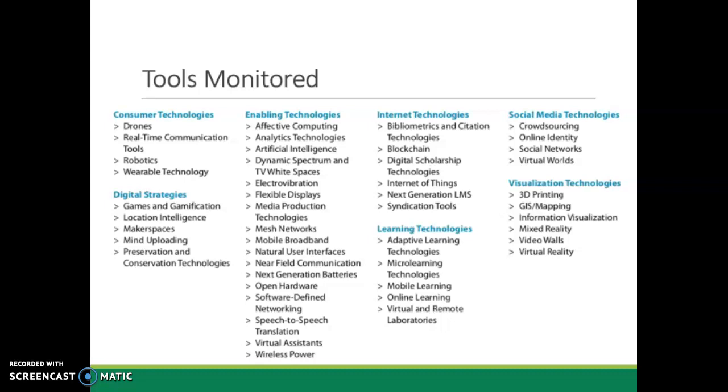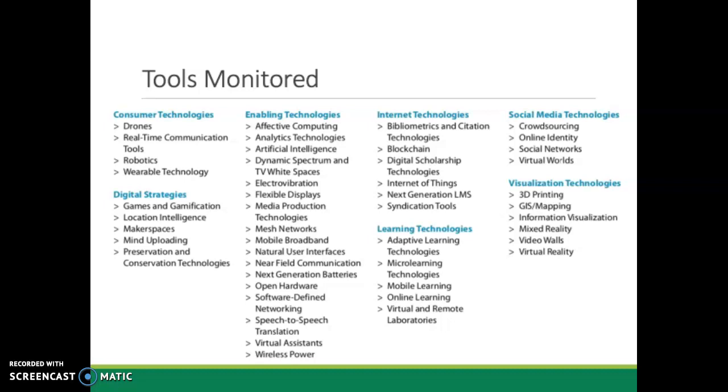So what we will do is to learn at least one from each of these, not all. We are going to look at wearable technologies under consumer technologies. Under digital strategies, we'll explore flipped classroom. That is also one of the recent trends in our field. Under internet technologies, we are not exploring anything. And under learning technologies, we are exploring 2.